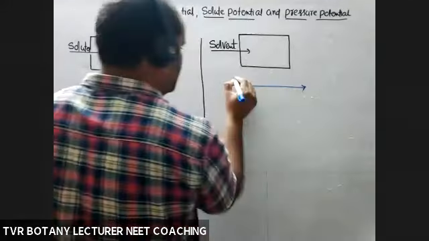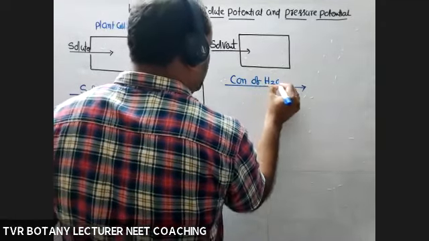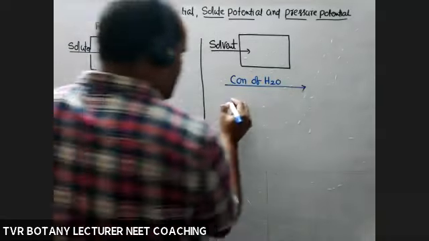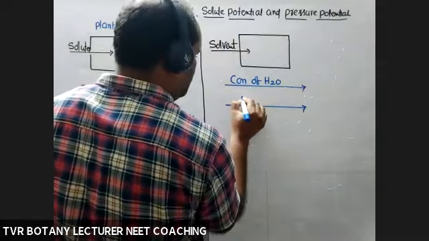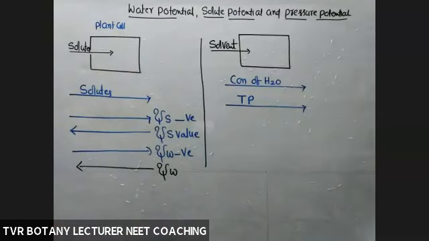Take the concentration of H2O molecules, meaning the number of H2O molecules is increasing. If the number of H2O molecules is increasing, turgor pressure increases. So positive hydrostatic pressure increases.